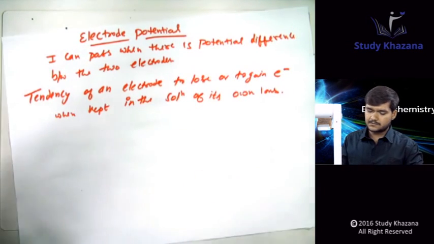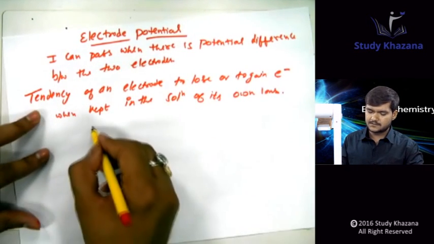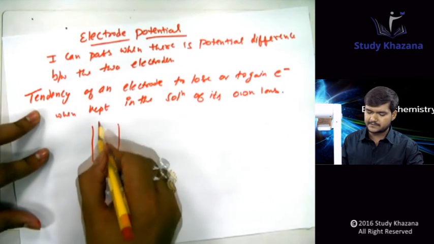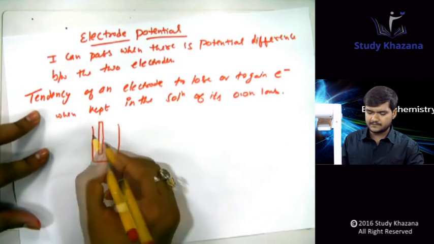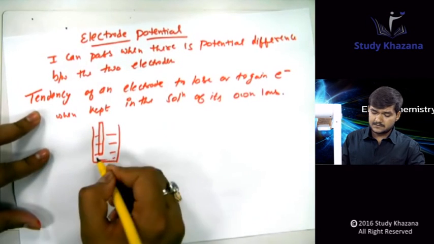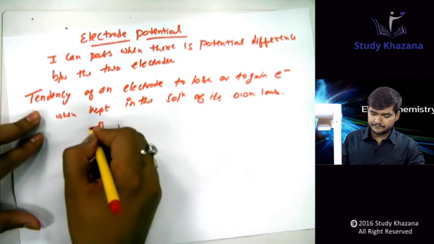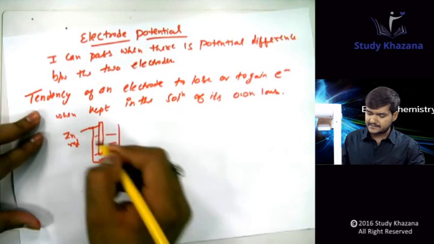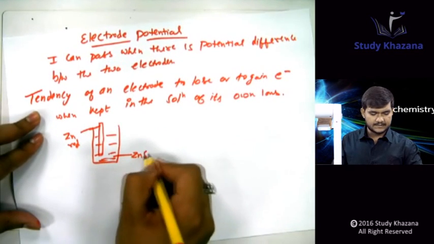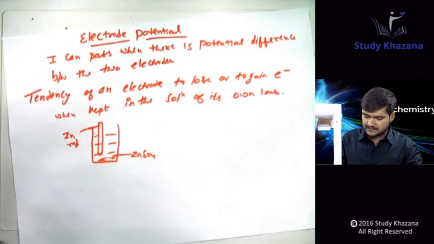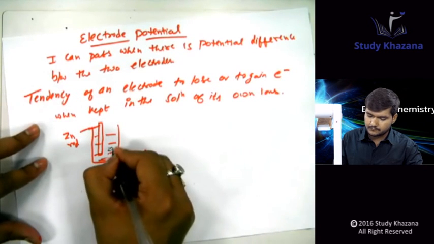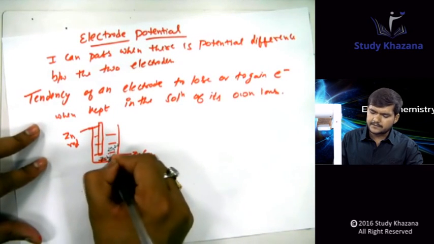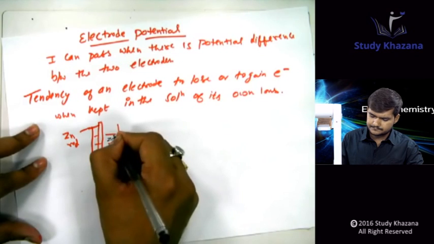Like I discussed, again I am taking the same example. If I take this zinc rod and the solution is ZnSO4, some zinc ions are already present in the solution, including sulfate ions also.